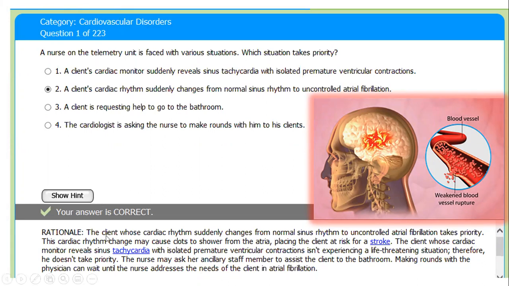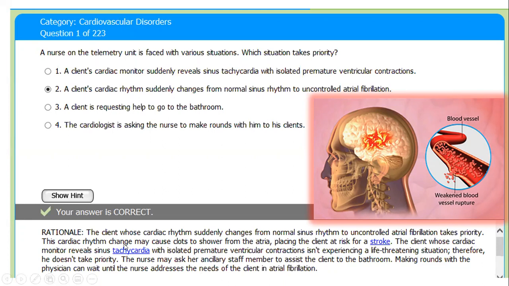The rationale: the client's cardiac rhythm suddenly changed from normal sinus rhythm to uncontrolled atrial fibrillation, so it takes priority. If atrial fibrillation is not controlled, it can cause heart failure, arrhythmias, or cardiac shock.